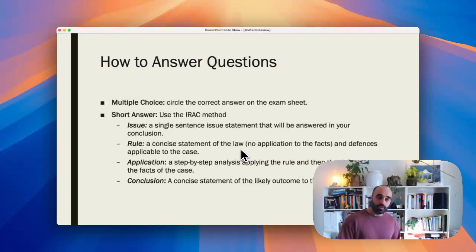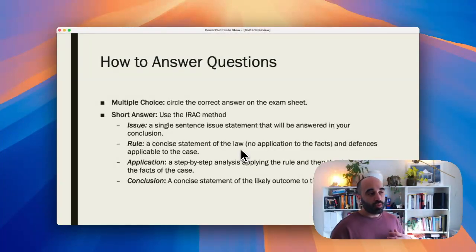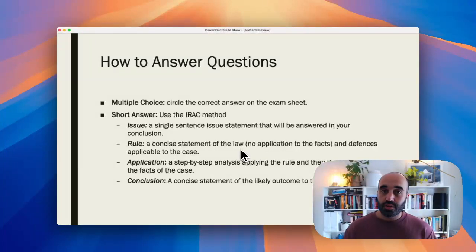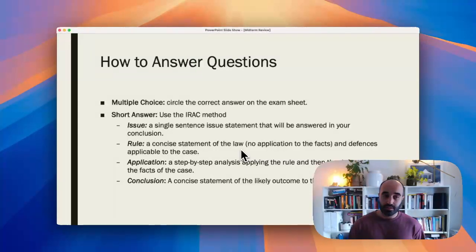Now, more difficult are the short answer questions. We've discussed this multiple times. You got a lot of feedback on your assignment as well about how to properly answer these styles of questions. But I'm going to re-review this just so it's top of mind too. So what we do to answer these short answer style questions is we use the IRAC method. So this stands for issue, rule, application, and conclusion.